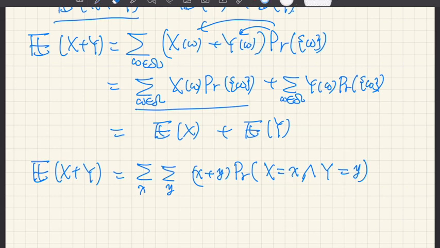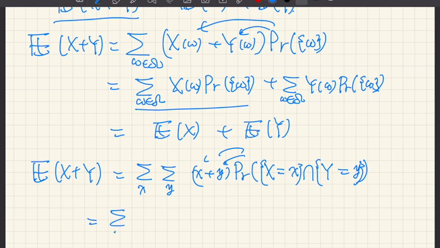And what this means, I think we should probably use intersection here. Then distribute this.